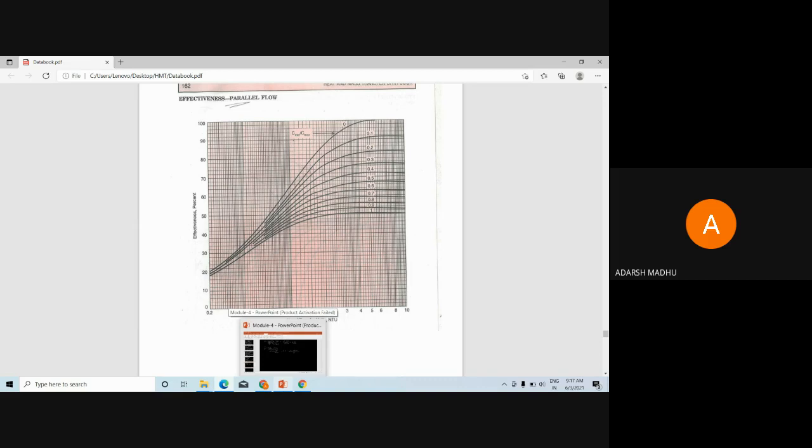Okay, that's the relation. So here we have to find the value of NTU, right? To find the value of NTU, the known values are the R value and the effectiveness value.